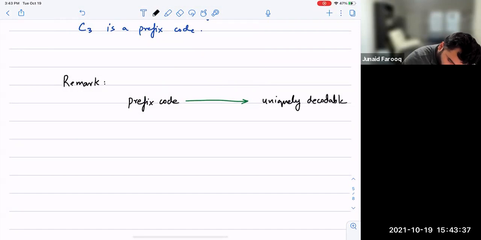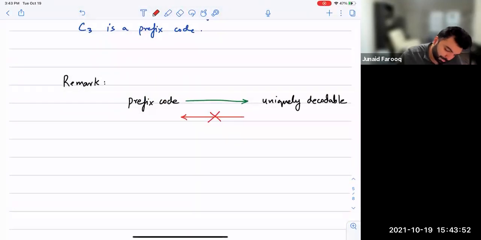Okay, so if you have a uniquely decodable code, it may not be a prefix code.